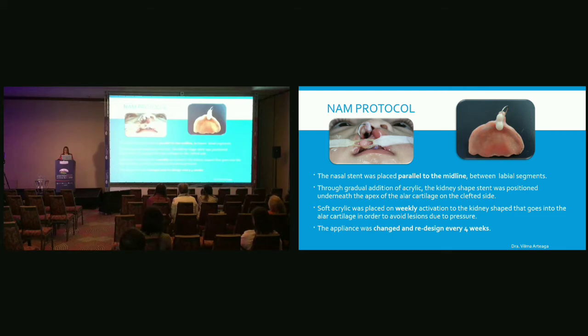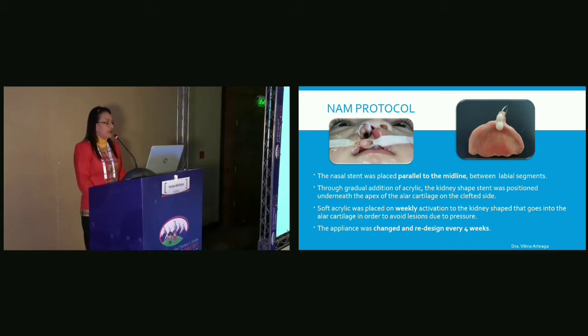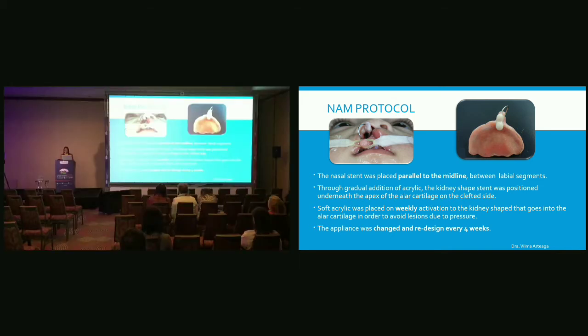The soft acrylic is placed on weekly activations to the kidney shape that goes into the alar cartilage in order to avoid lesions due to pressure, and the lower alar cartilage lays on the groove between both lobes. The appliance, as I said, is changed and redesigned every 4 weeks.